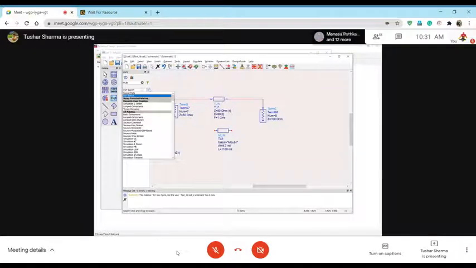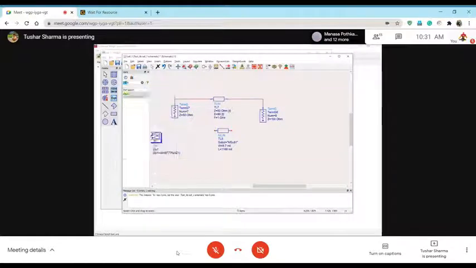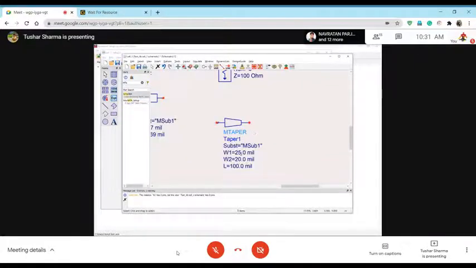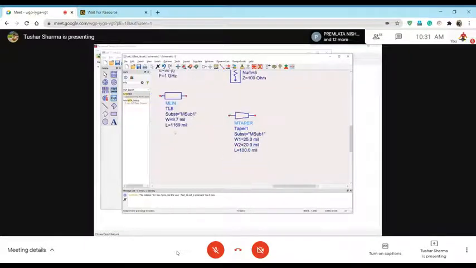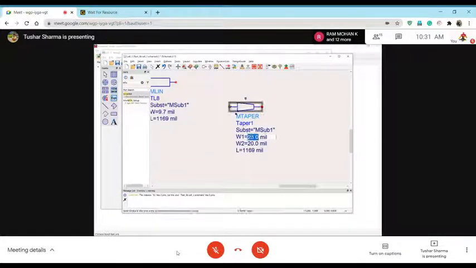So let me show you here how it is done. M taper. I can specify my width and the length of the taper. For example, my length is the same, 1169, and I'm just taking an example to show you, these are just some random numbers.